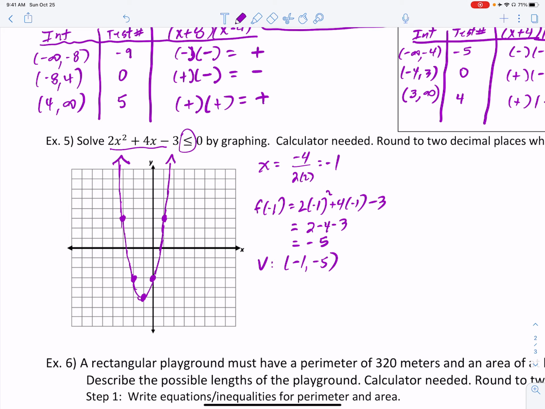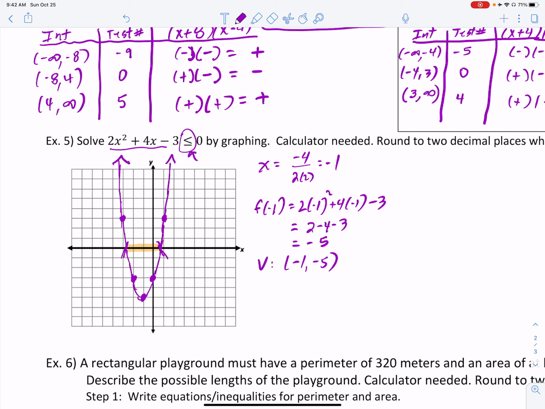So that just means for what x values is this graph below the x-axis? And it is this set of x values right here. So if I can figure out this x-intercept and this x-intercept, it's the x values in between those that are going to be the solution, including those because we have equality.